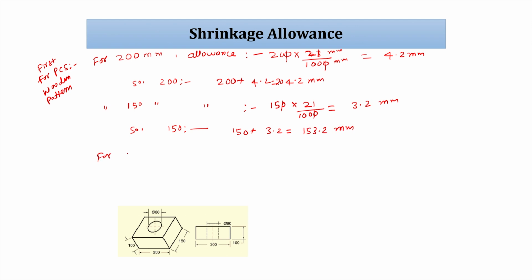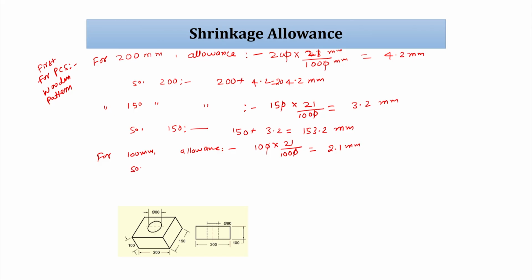For 100 mm, the allowance is 100 into 21 by 1000, which is 2.1 mm.